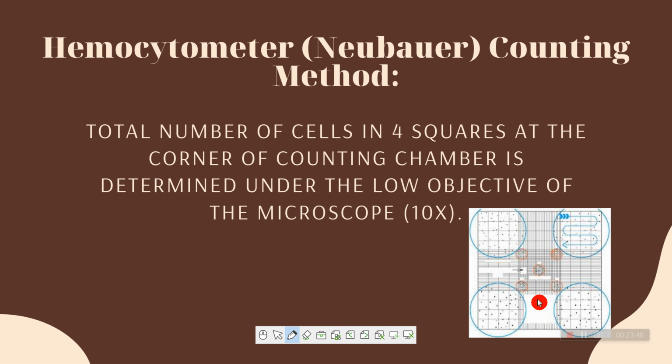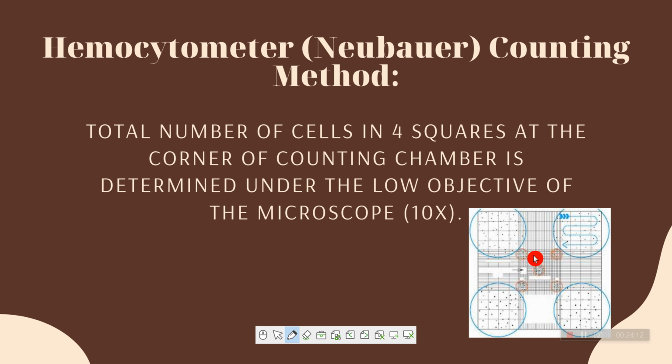Now for RBCs, we counted the sample in the mid chamber, but for the total leukocyte count, the leukocytes are counted in these 4 corner chambers in a zigzag motion like this. The chambers also differ.